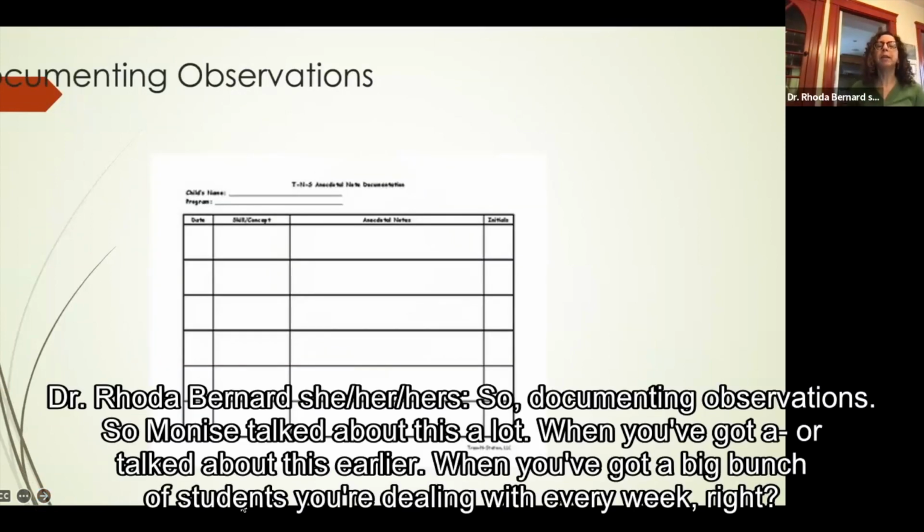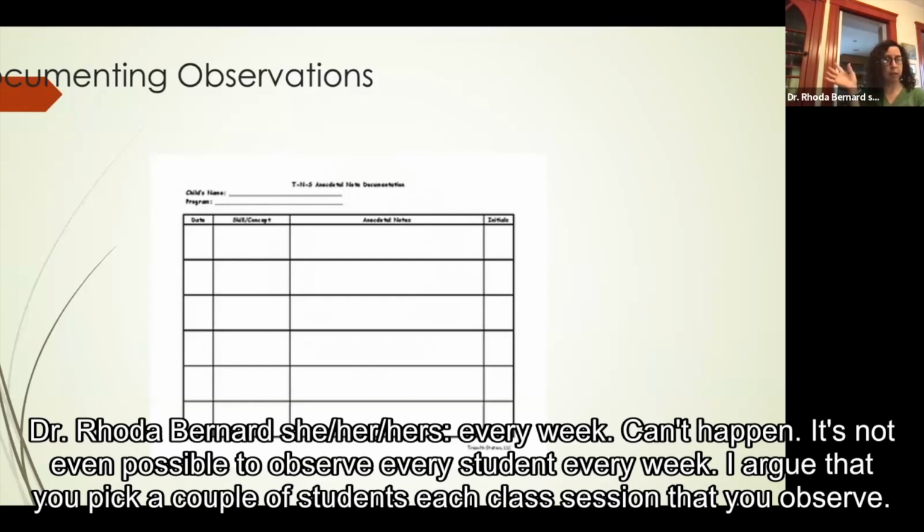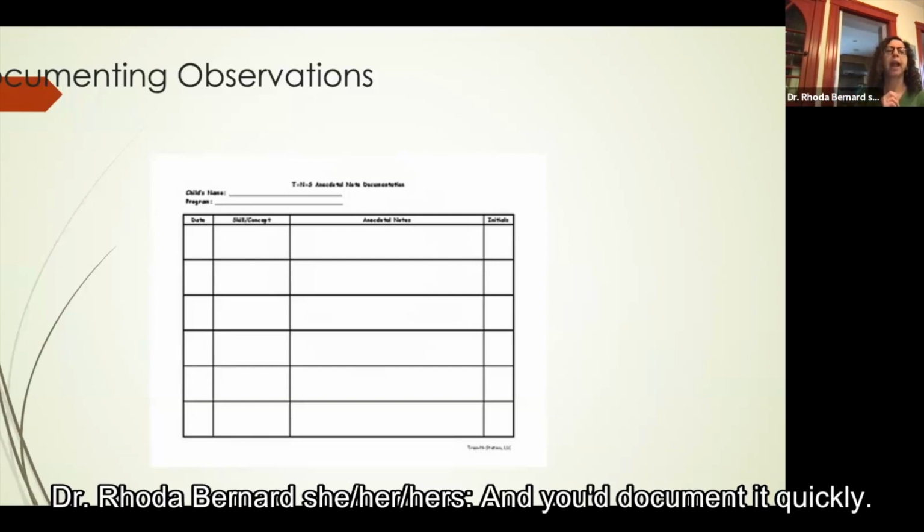So documenting observations. Monice talked about this a lot. When you've got a big bunch of students you're dealing with every week, it's not possible to do individualized assessments with every student every week. Can't happen. It's not even possible to observe every student every week. I argue that you pick a couple of students each class session that you observe and you document it quickly.